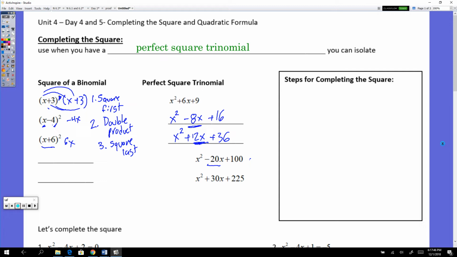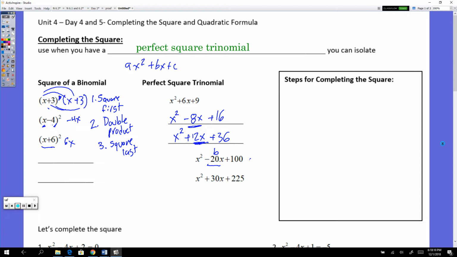How do I go from negative 8 to negative 4, 6 to positive 3? Hopefully you're realizing that we're taking this value, we're going to call that the b value, because all of these are in the format ax squared plus bx plus c. So this value of b, we're basically dividing it by 2. And then it's just squared.